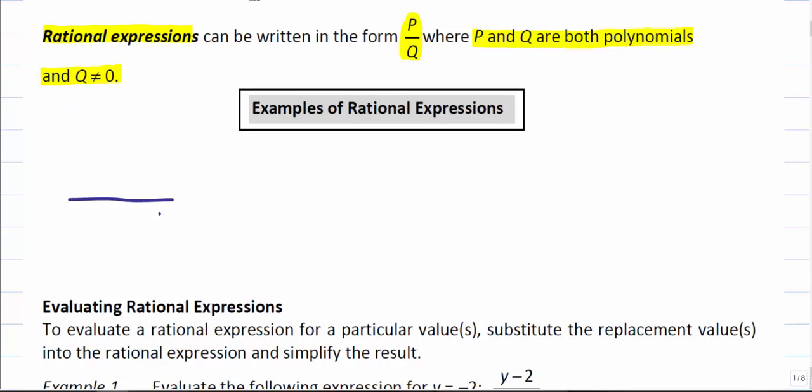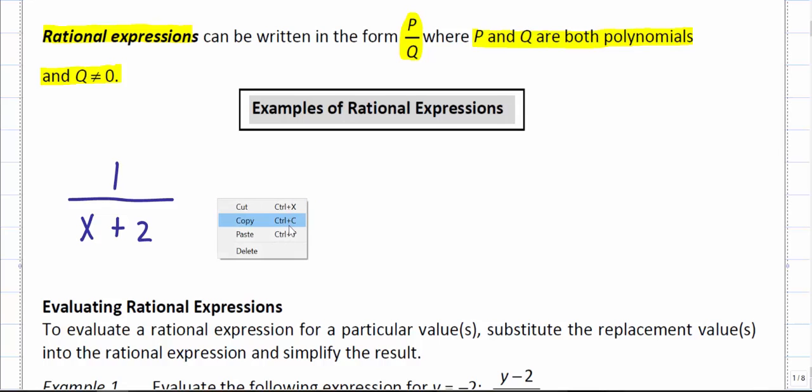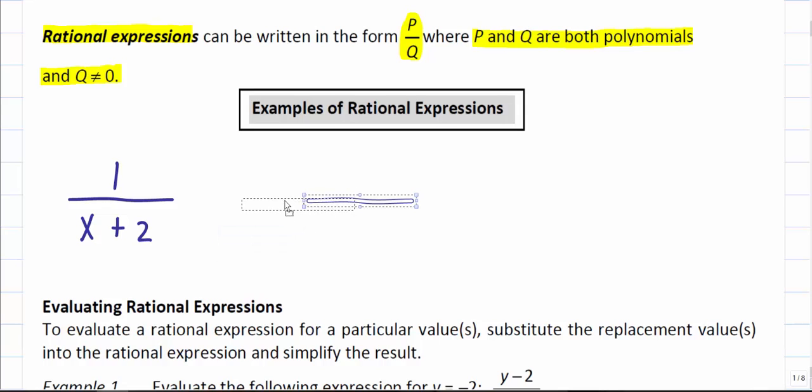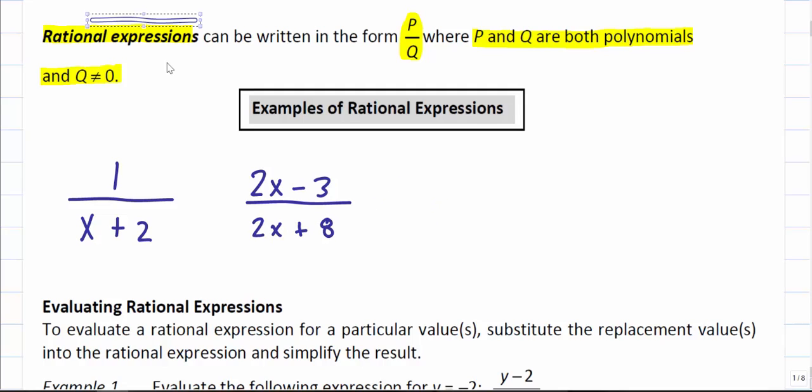So some examples of this would be something like 1 over x plus 2. That would be an example of a rational expression. Another example would be like maybe 2x minus 3 over 2x plus 8. Again, all I'm doing is dividing polynomials.